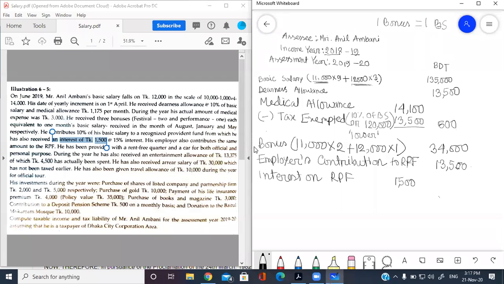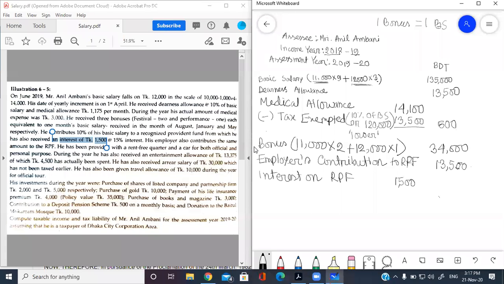Which is the amount with which you will make the comparison? 14.5% of basic and another one. Can you recall, interest on recognized provident fund? One number is 14.5% interest. So 1/3 of basic. Right.